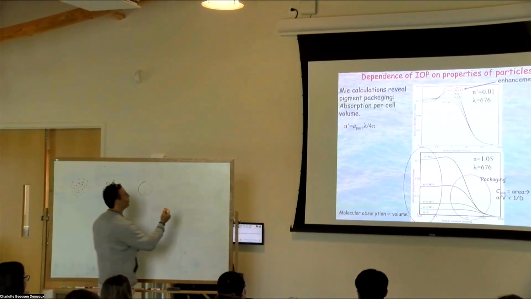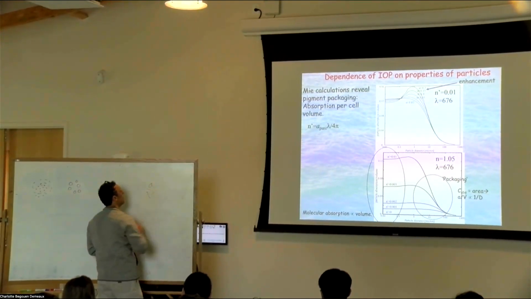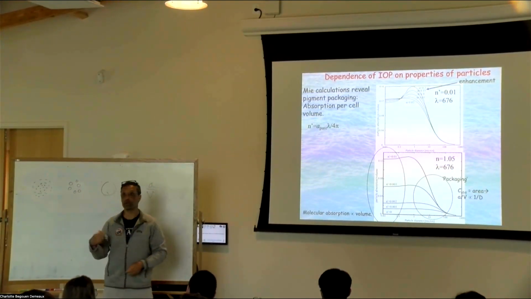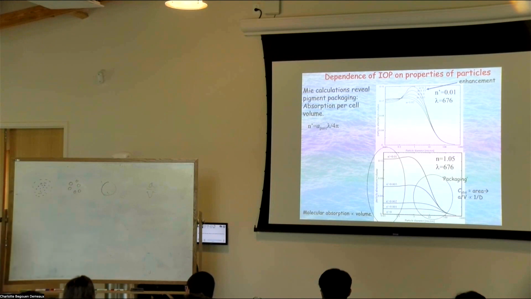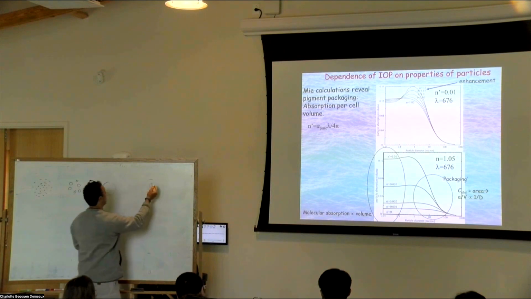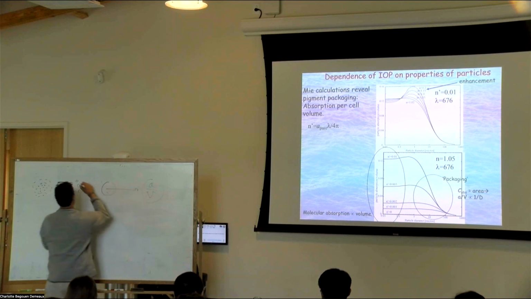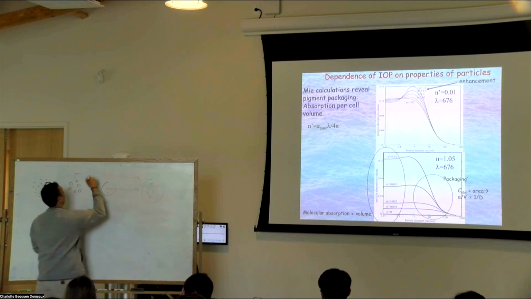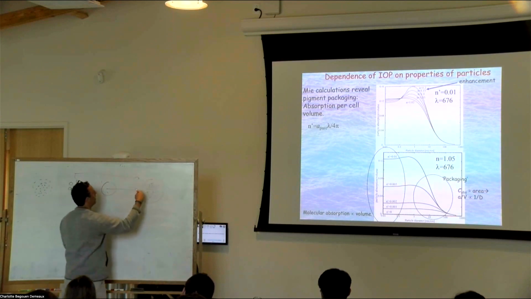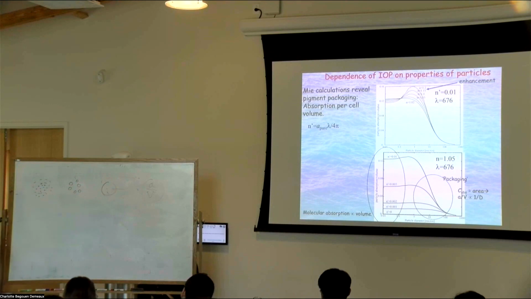Basically what I'm showing you is the absorption per volume of one particle per meter cube. That's what I'm doing with this calculation. Because it's per volume, the numbers are going away. So I'm doing it for every possible size of those particles.